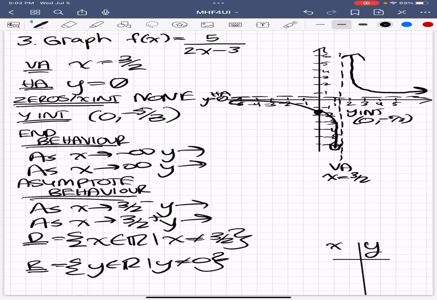And then we have our graph there. As the graph approaches negative infinity, it approaches the HA from below, so it's going to be 0 from below. As the graph approaches infinity, it approaches the HA from above, so it's going to be 0 plus.